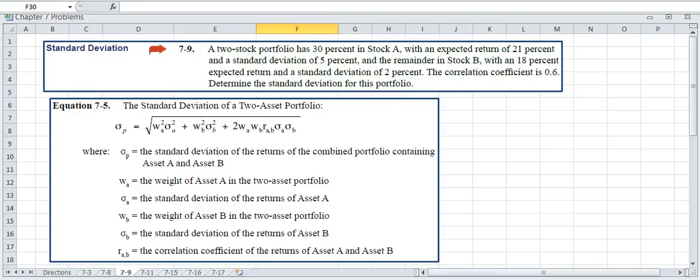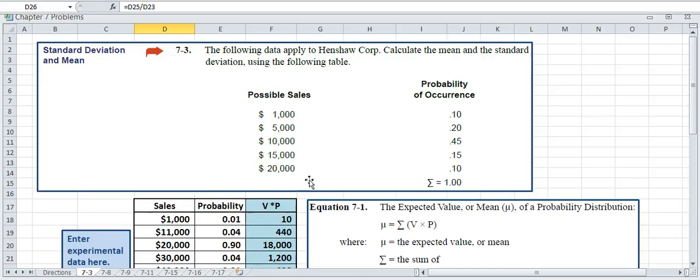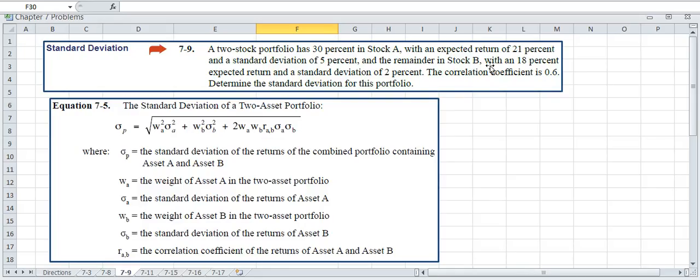They figured that out by looking at a series of possible returns, just like we looked at a series of possible sales, and figured out the expected value of a probability distribution. So that's what they did with the return.